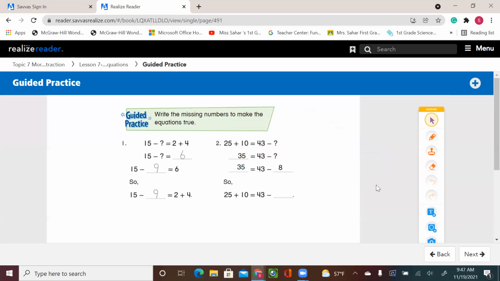I can also, if I want to, count on. So I can count on from 35 till I reach 43, and I see how many counts I get, or 8. All right, so 43 minus 8. Now, if I go back to my first part of my equation, 25 plus 10 equals 43 minus, very good, 8.